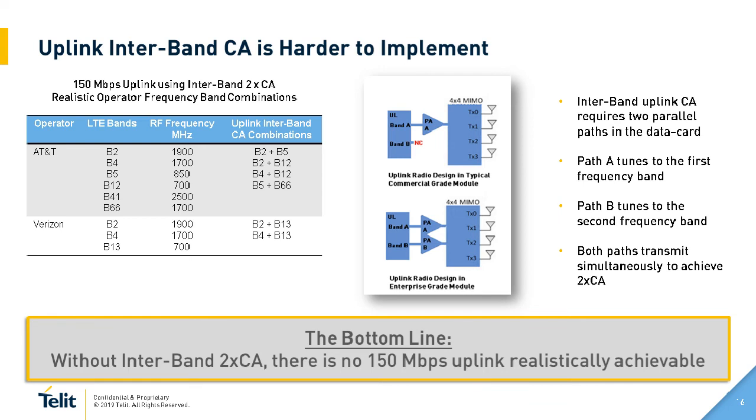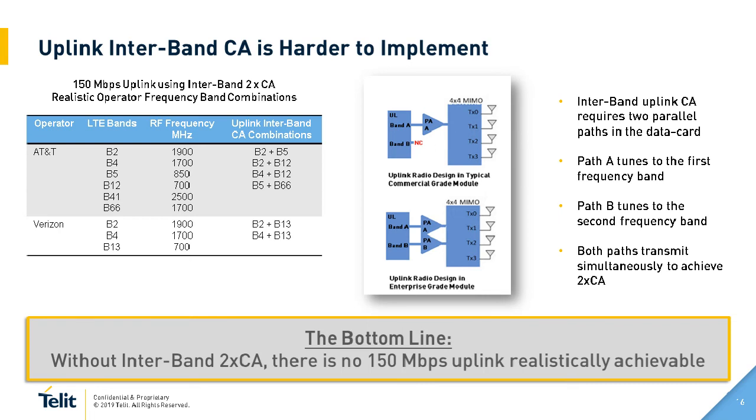As you can see, the frequency combinations of the couple of operators, as well as T-Mobile, has very similar combinations as AT&T. So all major operators in the uplink combine bands from different frequencies.